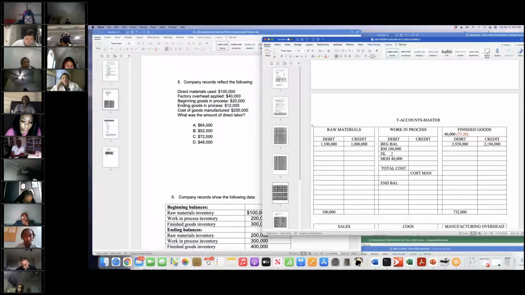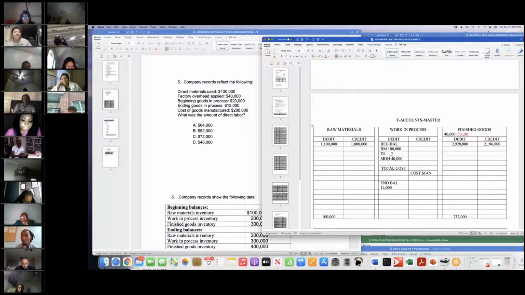The ending goods in process, they're saying 12,000. And the cost of goods manufactured, that is what you sent out, was 200,000. So they didn't have a beginning amount.